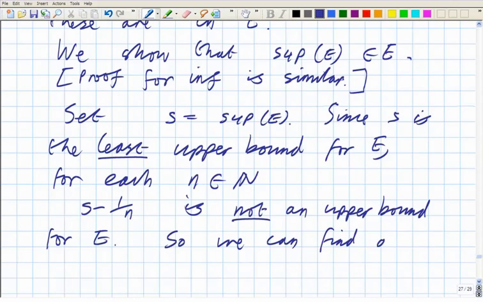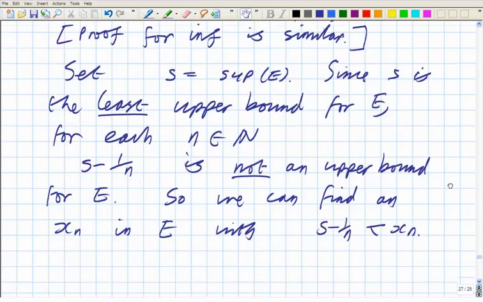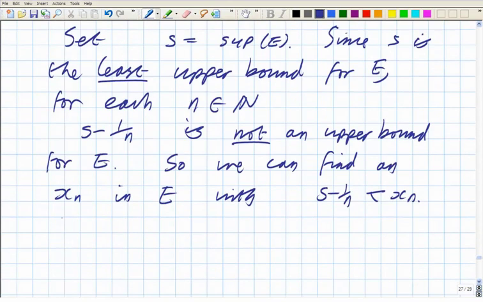Since there's one of these for each n, we'll pick out a point xn in E so that s minus 1 over n is less than xn. Or in other words, xn is greater than s minus 1 over n.